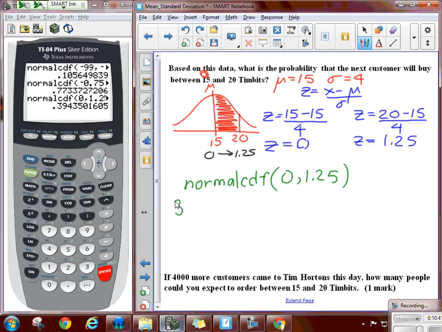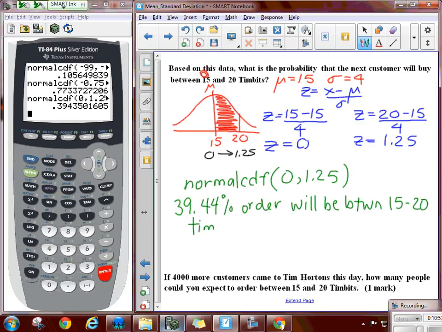So there's a 39.44% that the next order will be between 15 and 20 Timbits.